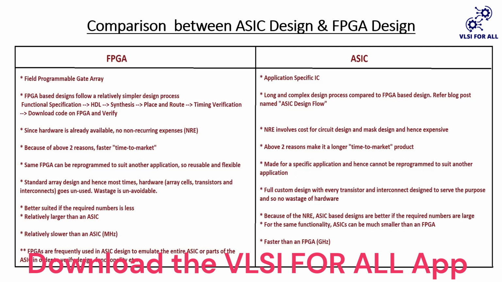So this is the advantage of ASIC compared to FPGA. FPGAs use standard array designs, so most of the time hardware goes unused in FPGA. This is the disadvantage of FPGA: it is based on hardware, so the hardware is many times not used, and that is wastage.